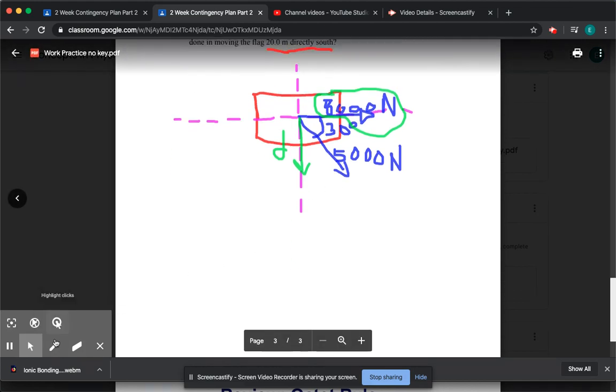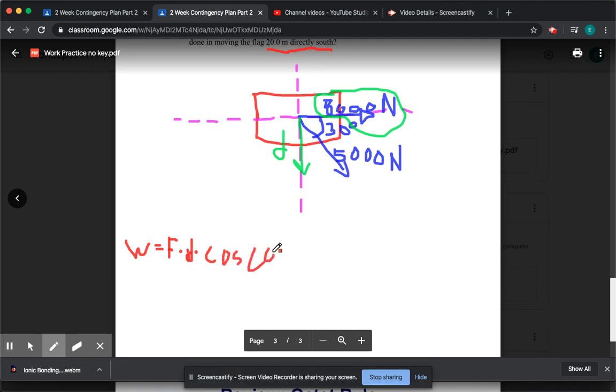So now we have everything we need to answer the question. Again, W is equal to F times D times cosine of our angle.